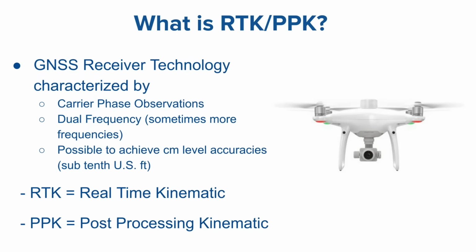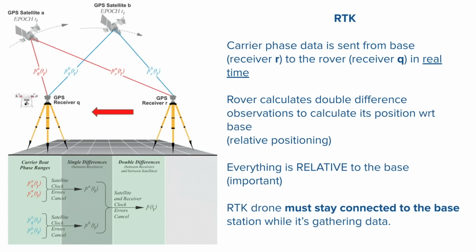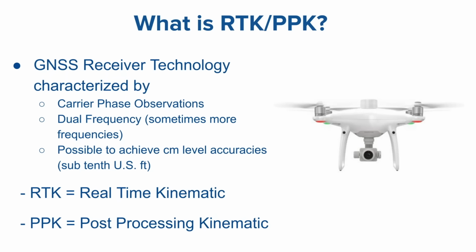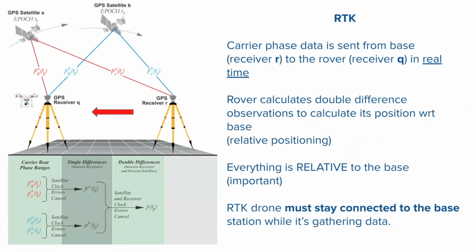Just to go over the difference between RTK and PPK. RTK is, like it says, real time kinematic. Both the base station and the rover are simultaneously recording GPS observations.